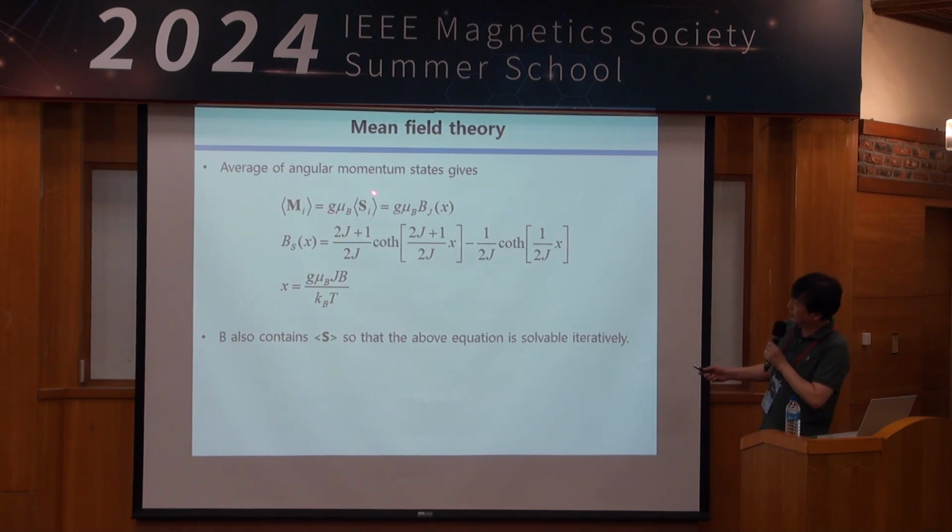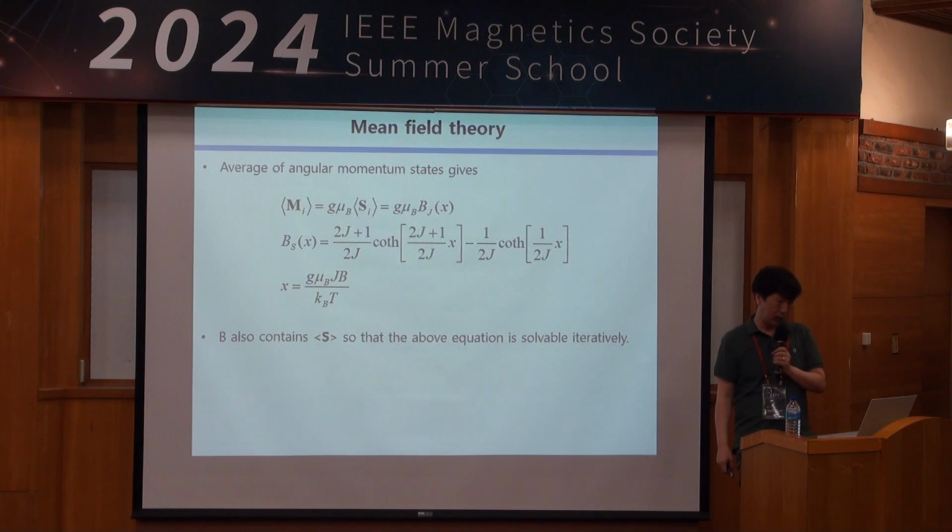And in this case, this ensemble average is given by the Brillouin function with the total angular momentum J. And this magnetic field B also contains S here, and therefore this equation can be solved only iteratively.